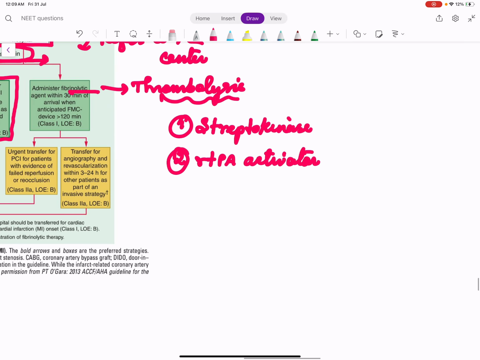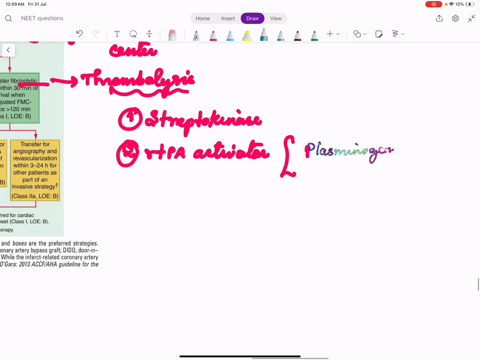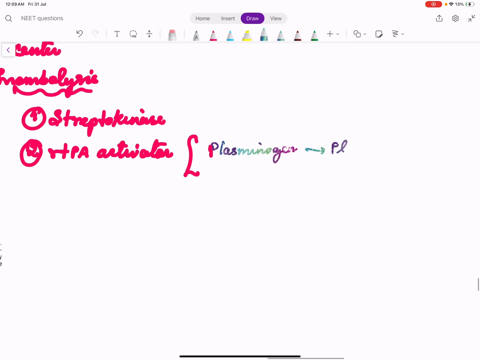So what is plasminogen? Plasminogen is a substance which gets converted to plasmin. Plasmin is a substance which breaks down thrombin. We just discussed thrombin.